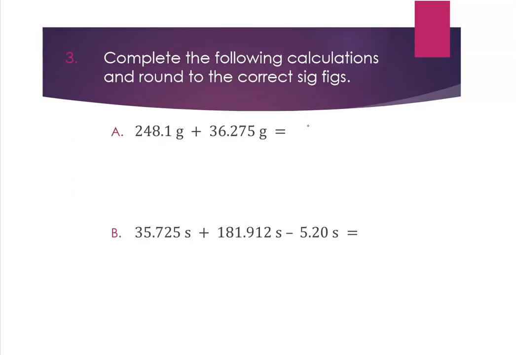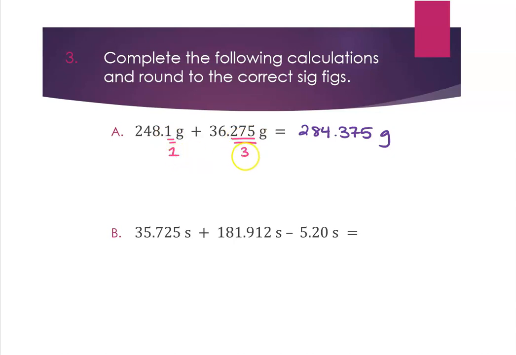Okay, so if we look at this here, I have 248.1 plus 36.275. So if we put this into the calculator, we get 284.375. So since I added in this, I'm only going to look at the digits behind the decimal. So anything that's to the right of my decimal place. So here I only have 1 digit. Here I have 3 digits. All right.